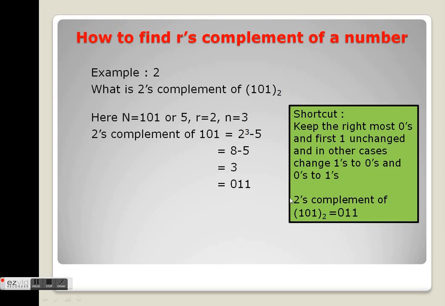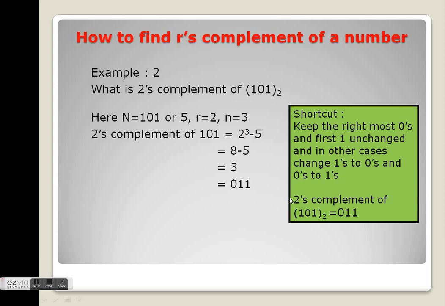We will put these values in the formula, so we will get 2 raised to the power 3 minus 5. 2 raised to the 3 is 8, and 8 minus 5 is 3, and after that we will change the result into a binary number, and we will get 011. And here we can see that the number of digits in the result and the number of digits in the question are the same.